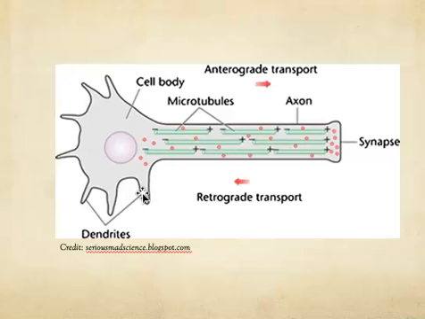But for now, understand that information is received by the neuron at the dendrites. It's then processed and sent along the length of the axon to the next structure, whatever that structure happens to be. And we said that might be another neuron, it might be a muscle, it might be a gland.